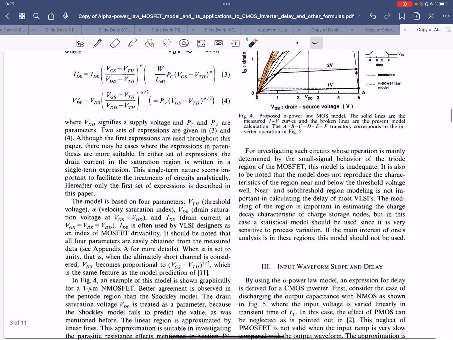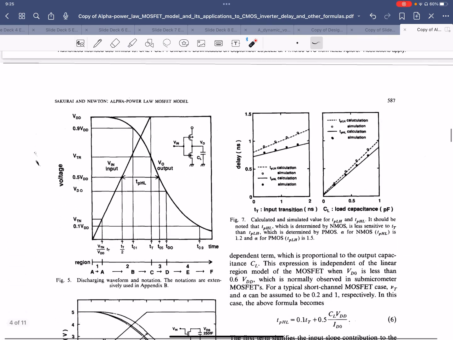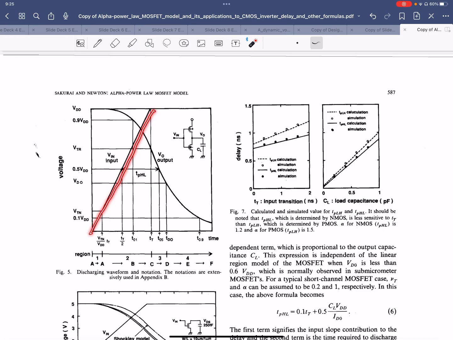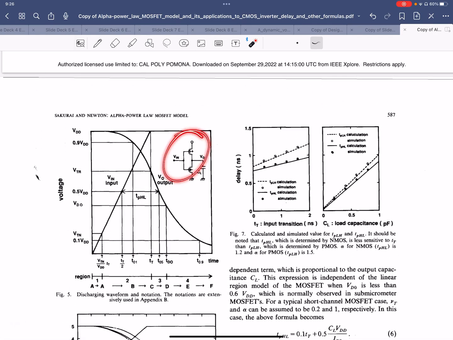Some of the interesting stuff in addition to that is talking about how you need to use models to look at the slope of the input voltage changing compared to the output voltage changing. A lot of times we assume that the input voltage is changing very, very quickly, so it would look like this. But really, your inverter, your NAND gate, whatever, is being driven by another gate.